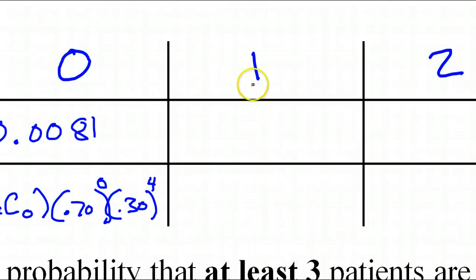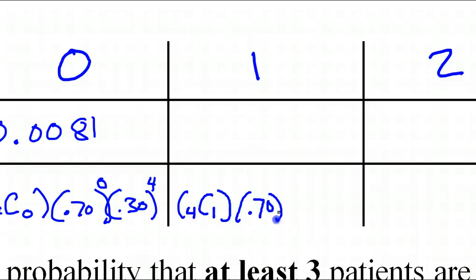If I want the probability of 1 success, 1 cure, then I would set that up as 4 choose 1. Still 70% probability, but now we're talking about 1 success, 30% failure, but if there's 1 success, that means there's 3 failures. These two always have to add up to the total here.